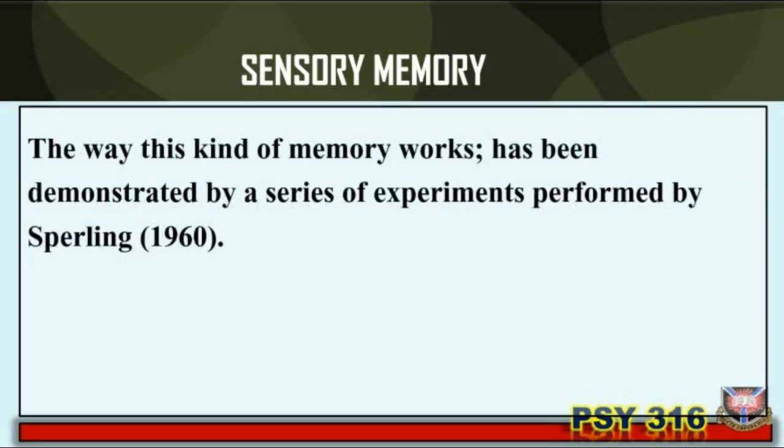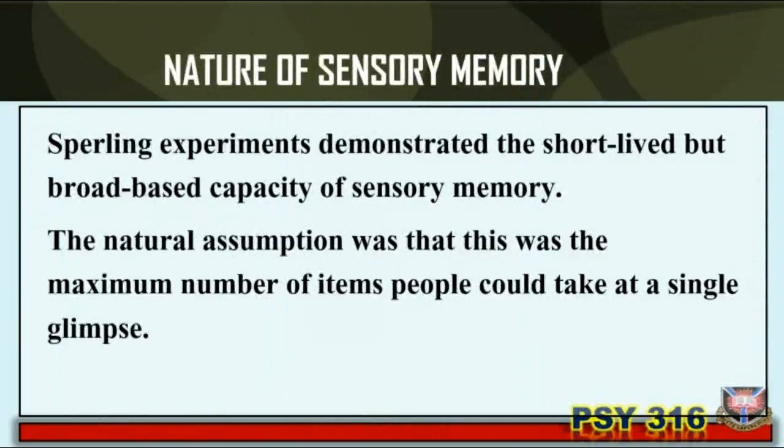Nature of sensory memory. Sperling's experiments demonstrated the short-lived but broad-based capacity of sensory memory. Before Sperling did this experiment, psychologists had performed many studies in which they showed people visual arrays of letters.